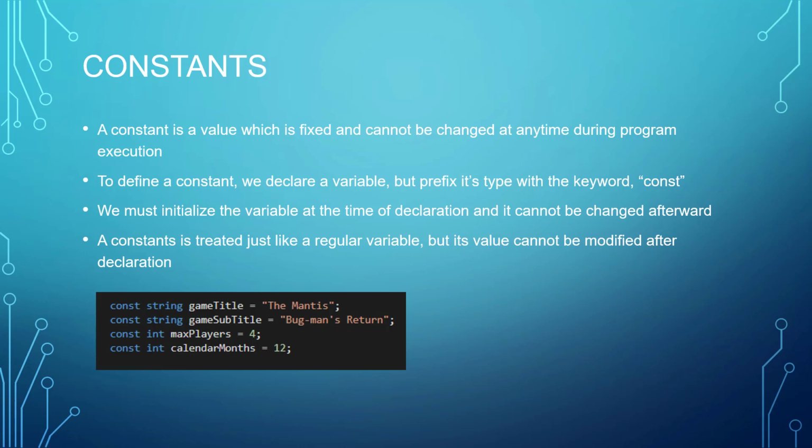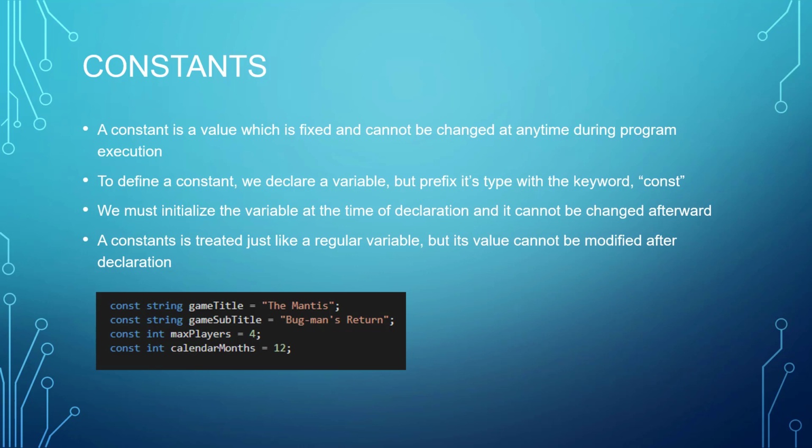So you can see in the black box at the bottom of the screen, we use the keyword const, we define a string, and we name the variable game title. And at the time that we declare it, we also initialize it by assigning the value of the mantis to the game title variable, which is a string, but it's a constant string, which means that once we've declared this, it cannot change.